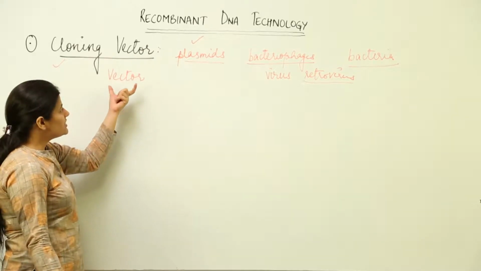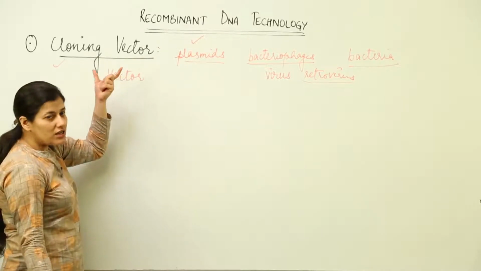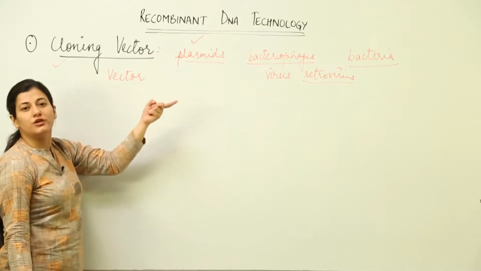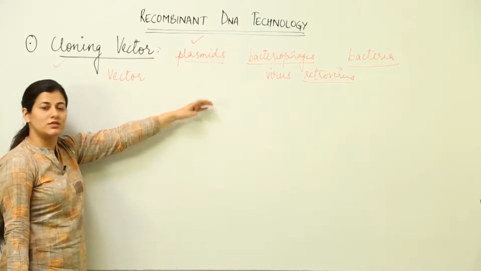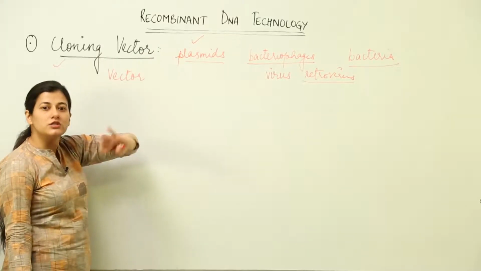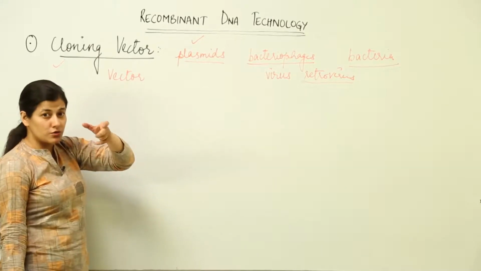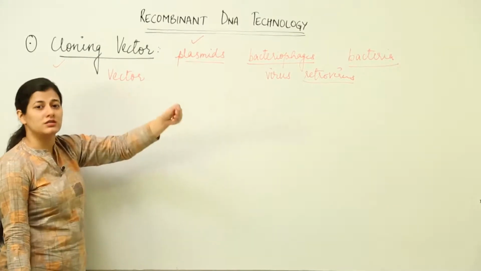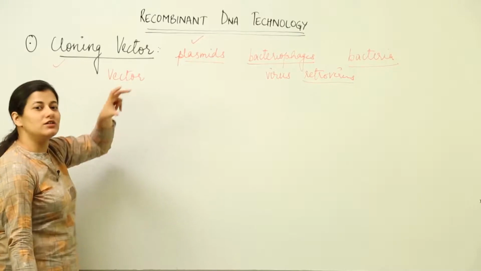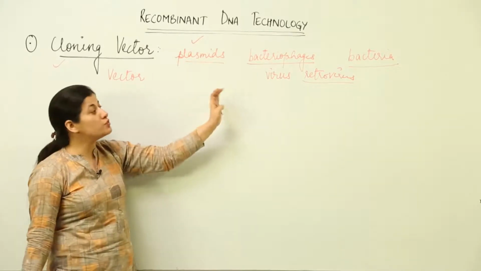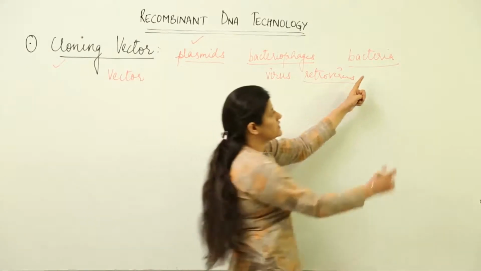That means this is the agency by which the gene of interest would be taken to the host. In a similar way as the mosquito, being a vector, carries the plasmodium, that is the pathogenic protozoan, to the host, that is human beings, the gene of interest would be taken to the host, which would be a bacterial cell.